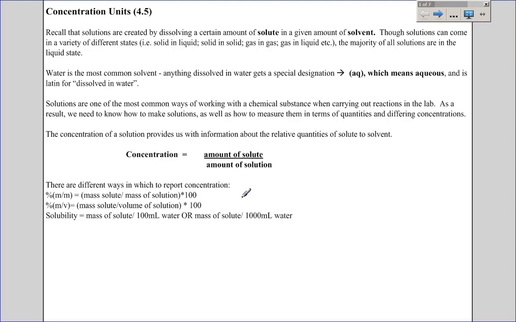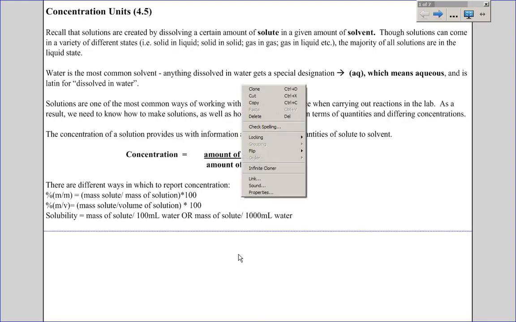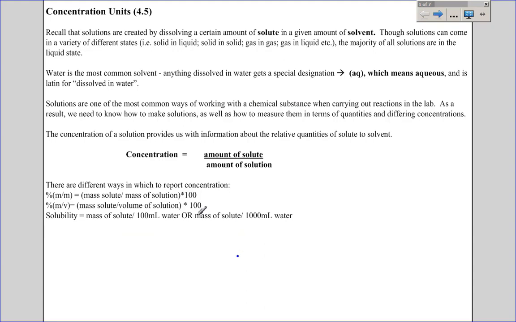For example, on your toothpaste, you'll see a percent of mass by mass of fluoride in a sample of toothpaste. On a bottle of alcohol or on vinegar, you might see a mass per volume percentage. And when we were looking at solubility curves and we saw the mass of solute per 100 milliliters of water, that was also a form of concentration.